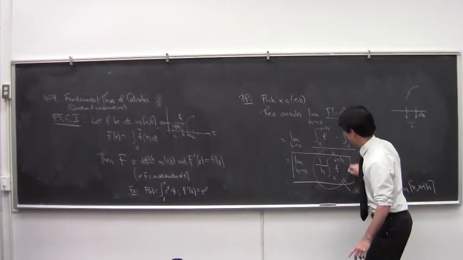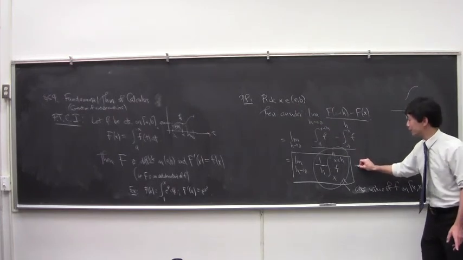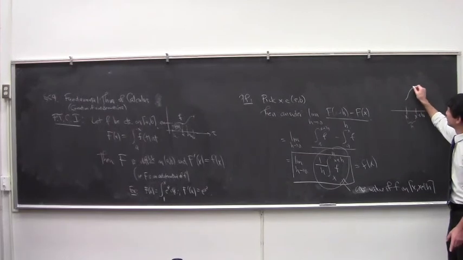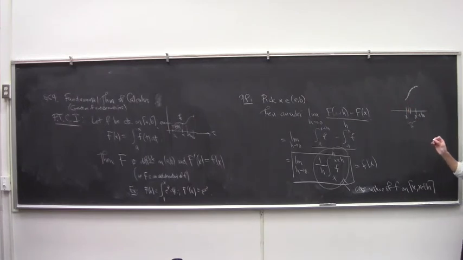Right? And then when h gets smaller and smaller, what happens to that mean value? It becomes very close to f of x. It turns into f of x, because your function is continuous, and as you take smaller and smaller intervals, the average value is going to get closer and closer to f of x.